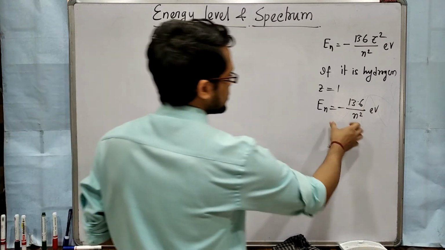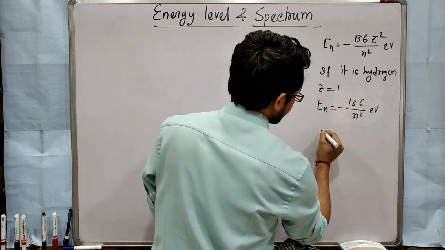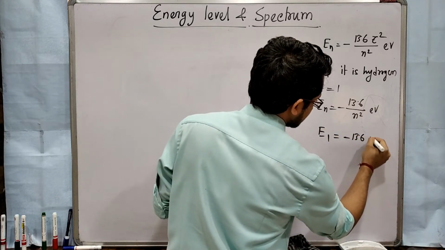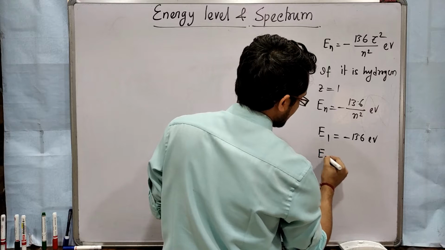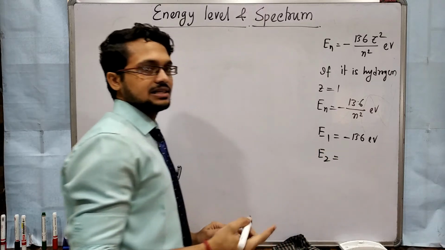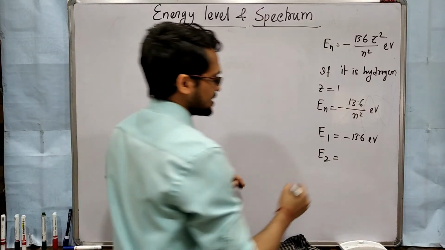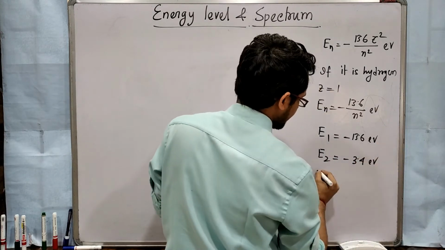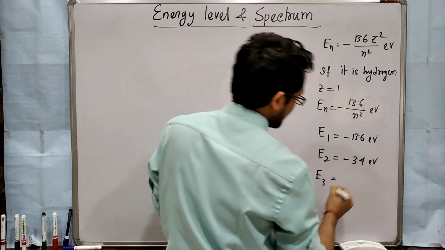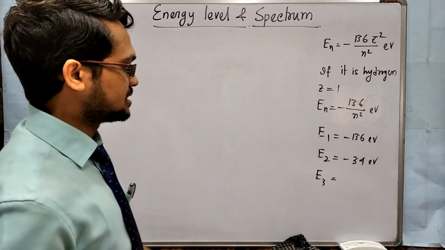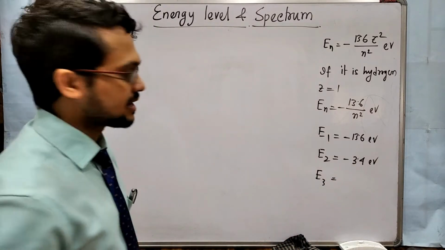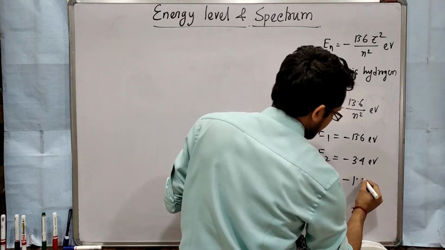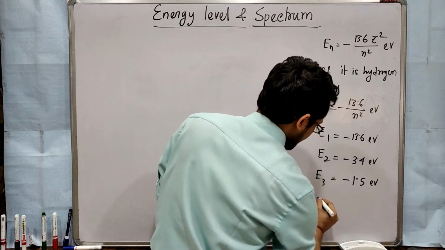If you put n equal to 1, E1 you will get minus 13.6 electron volt. E2, you will get minus 13.6 by 4, that means minus 3.4 electron volt. E3, you will get minus 13.6 by 9, so minus 1.51 electron volt.